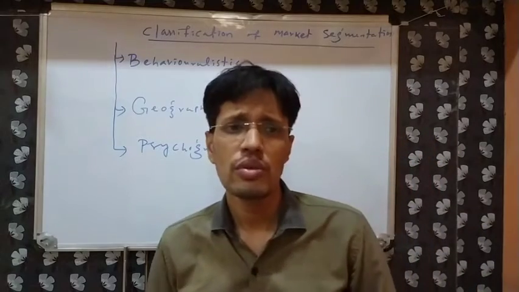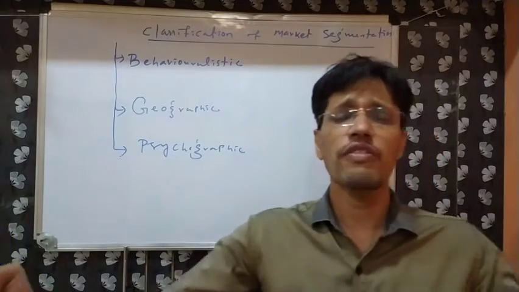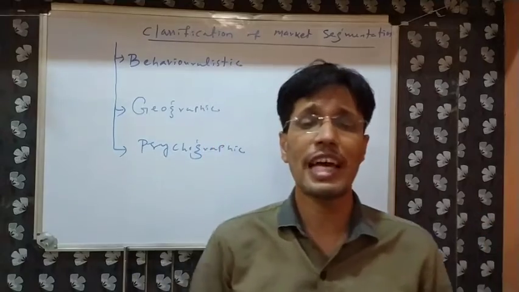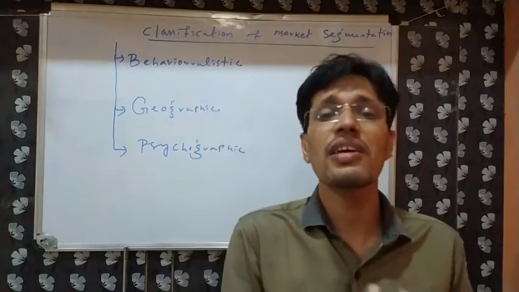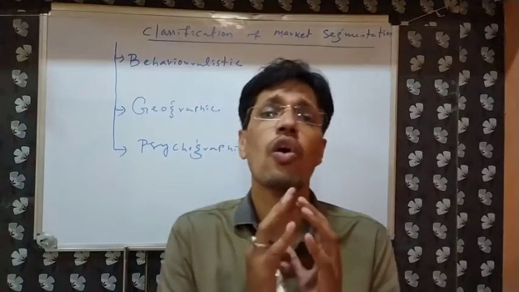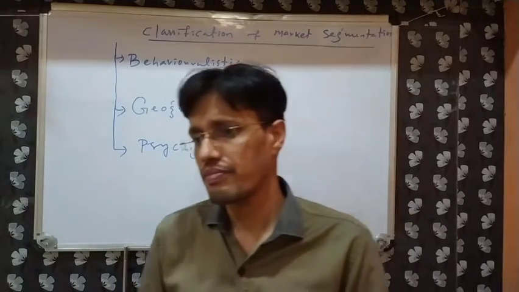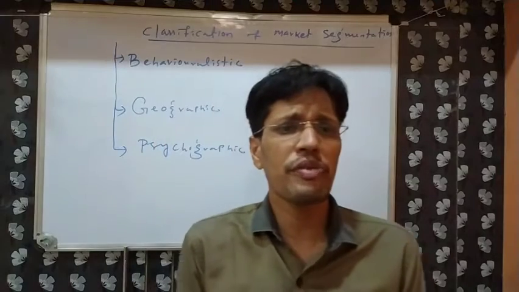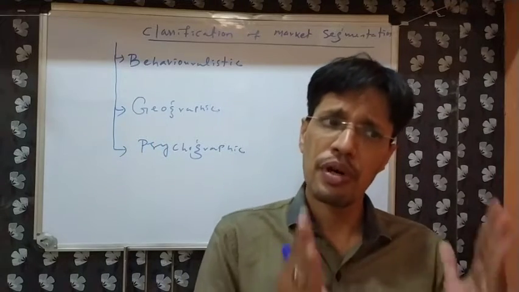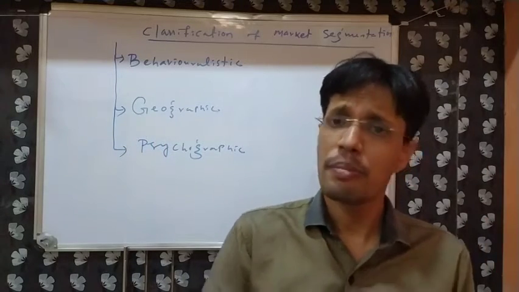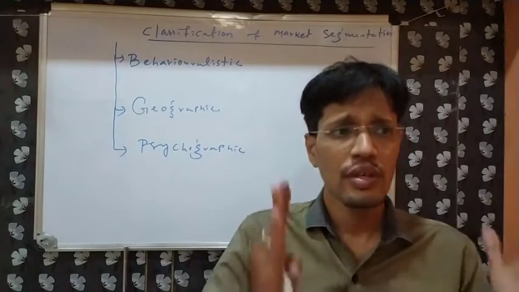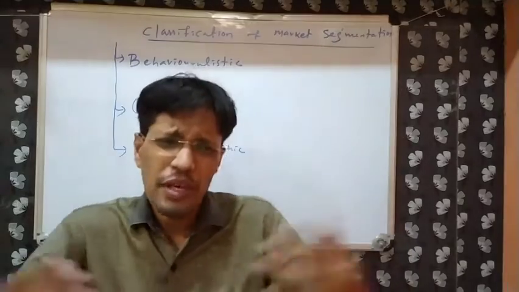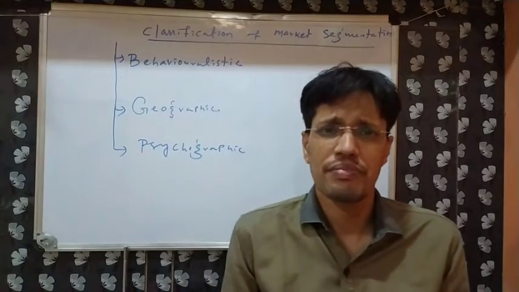As I told you, the market consists of a huge number of divergent consumers, and we cannot expect similar behavior in all people in the market. People's behavior varies from product to product, price, category, and availability.